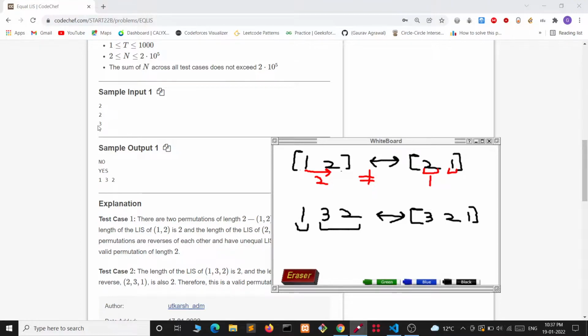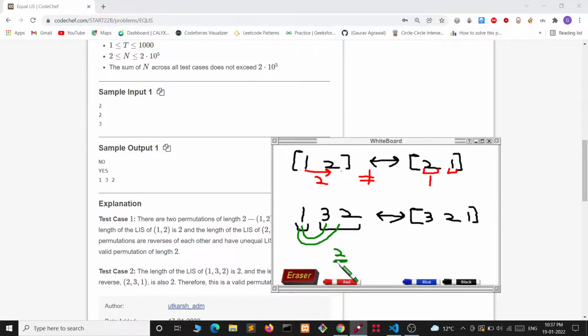Now let's see test case 2. Here we have n as 3. So we can form this permutation. In this permutation, we can take 1, 3 or 1, 2 as a longest increasing subsequence. So we get a length of 2 here.